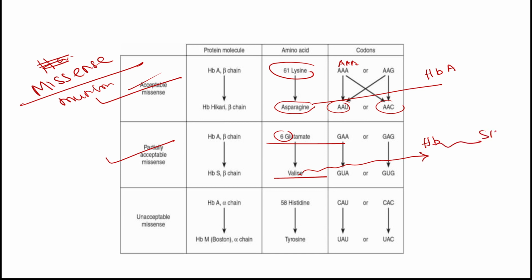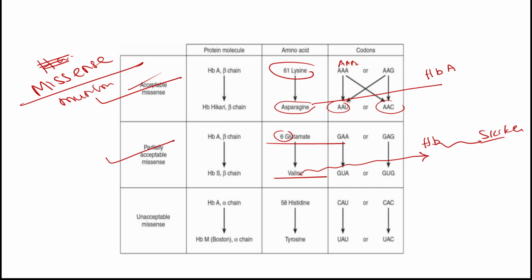So the only problem arises under circumstances where there is less oxygen, in a deoxygenated state. The sickling crisis arises at that particular state. So it is partially acceptable in the normal environment, but once the environment is deranged, it will show its manifestation. So, a partially acceptable missense mutation.